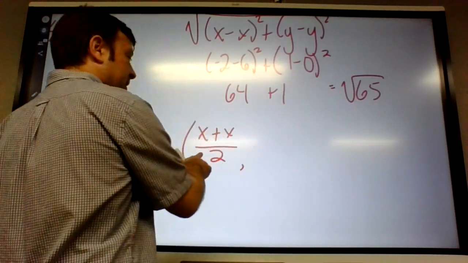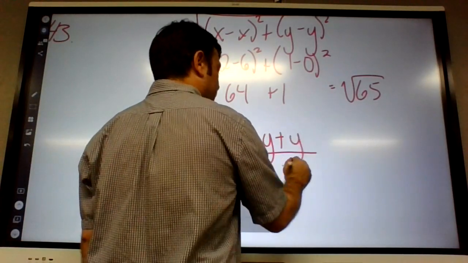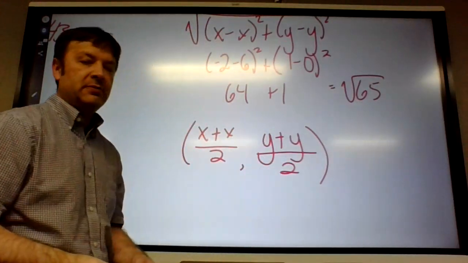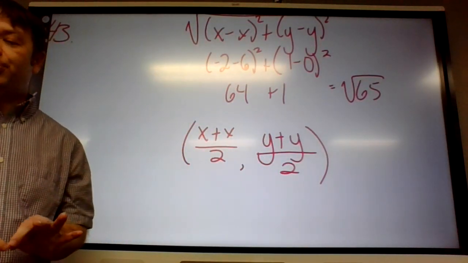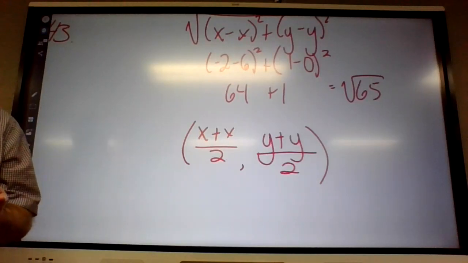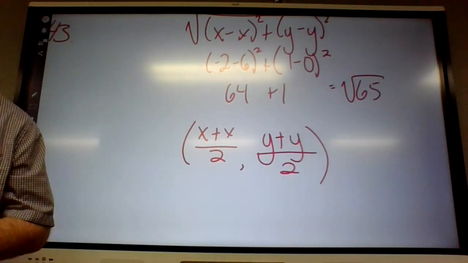Okay, that gives you the x-coordinate. You add the y-coordinates and divide by 2 to give you the y-coordinate. So it's the midpoint of R and T. So you're going to use R and T's x-coordinates and y-coordinates. Average them both.